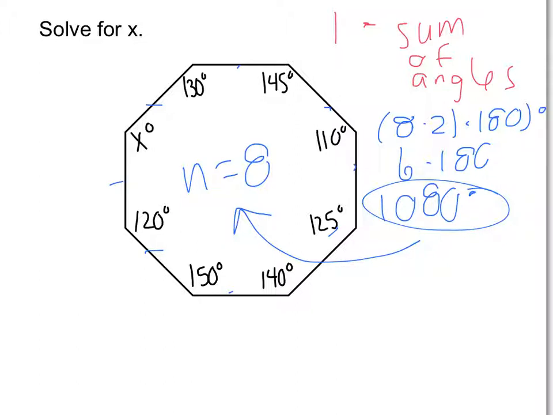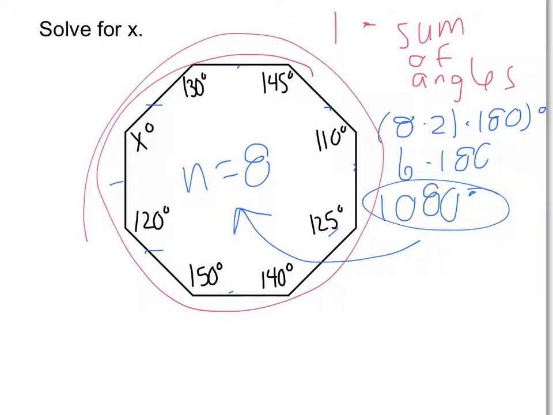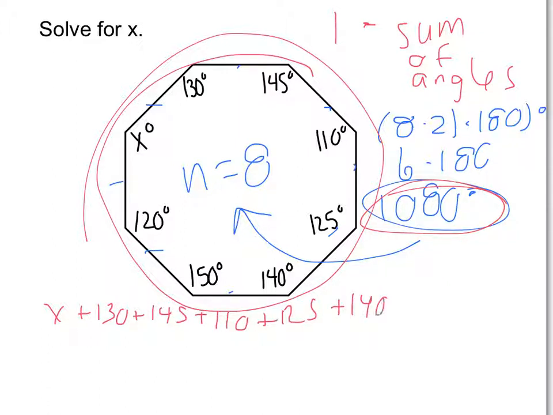Now, just like when we do triangle problems and add the angles up and set them equal to 180, you're going to add all of these up and set it equal to 1080. So I'm going to take x plus 130 plus 145 plus 110 plus 125 plus 140 plus 150 plus 120, and that's going to equal 1080. Okay, we keep solving from here.